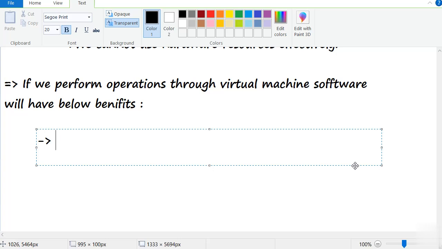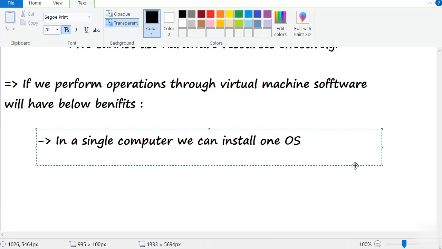What are those? In a single computer, we can install one OS in another OS.